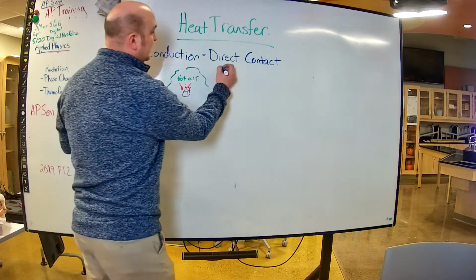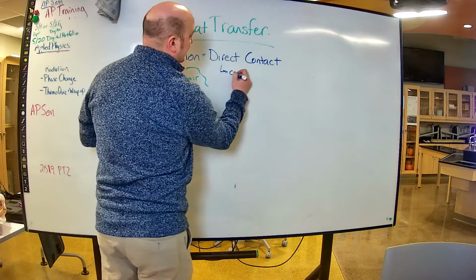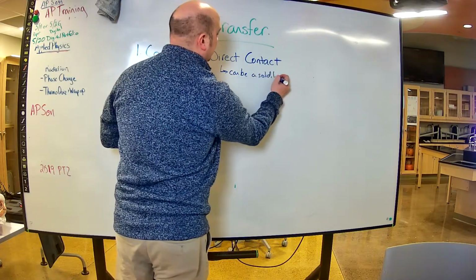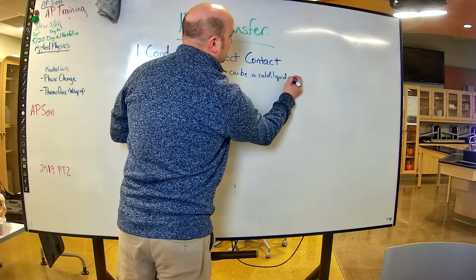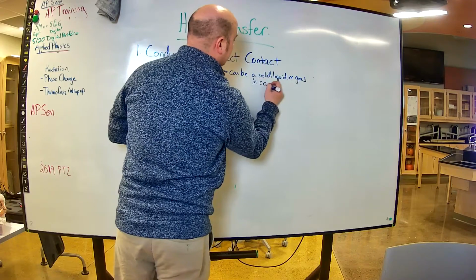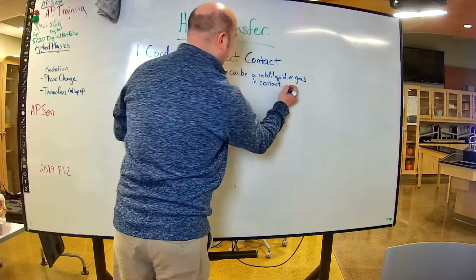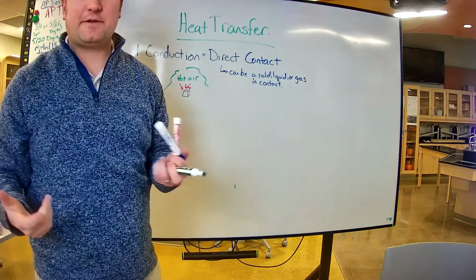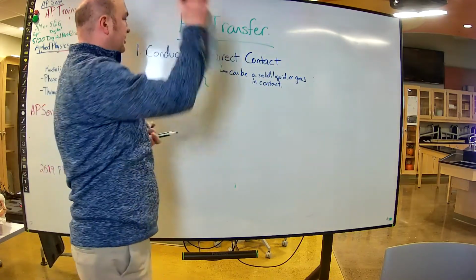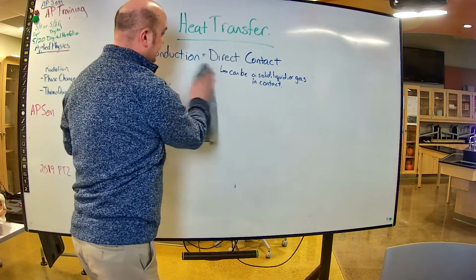So direct contact can be a solid, liquid, or a gas in contact. It doesn't have to be just solid, but you can have conduction through solids, liquids, and gases.